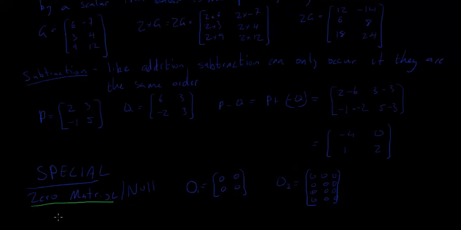The second type of special matrix is the identity matrix. Again, let's put a green underline under that. It is signified by the capital letter I, and it's where the diagonal entries are both ones.